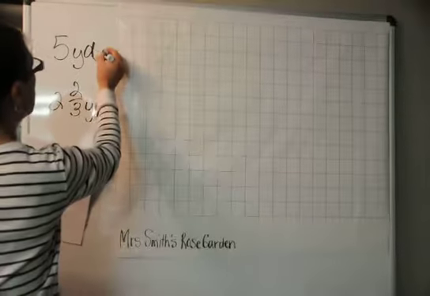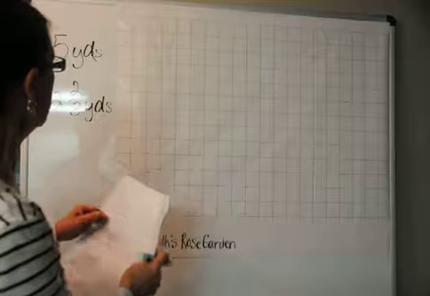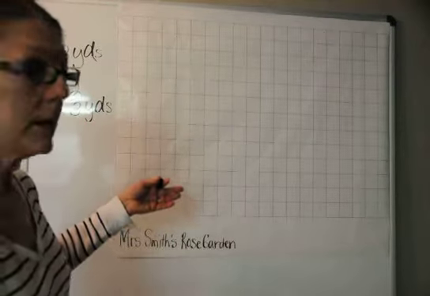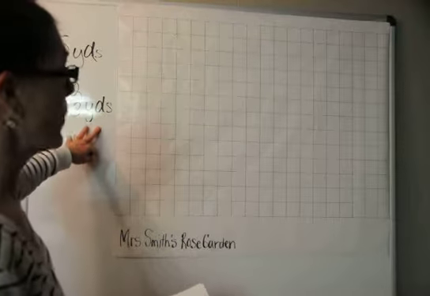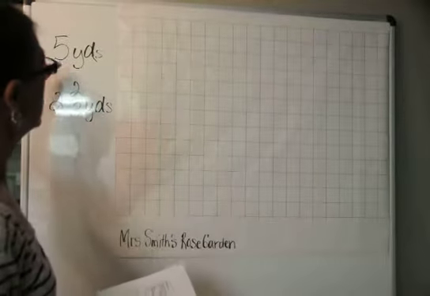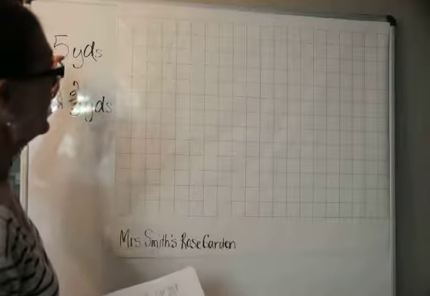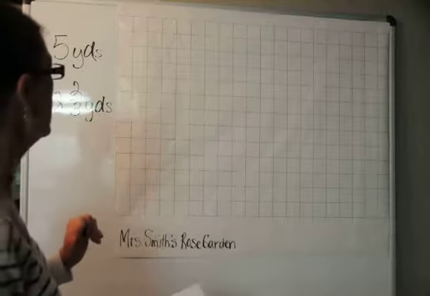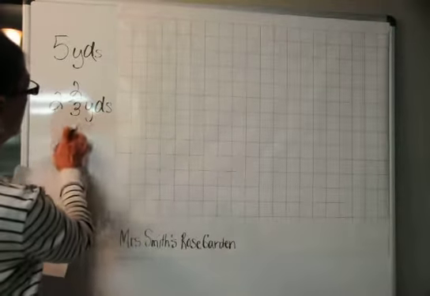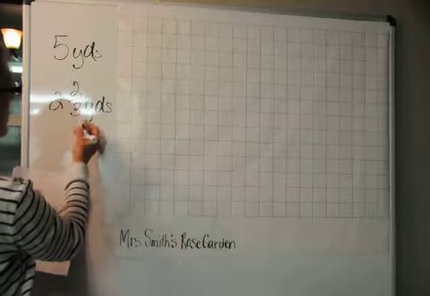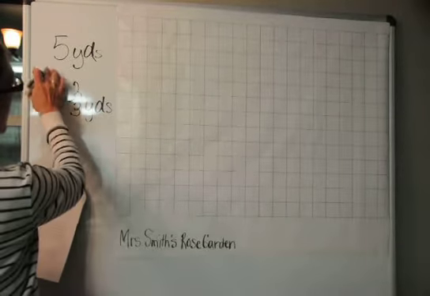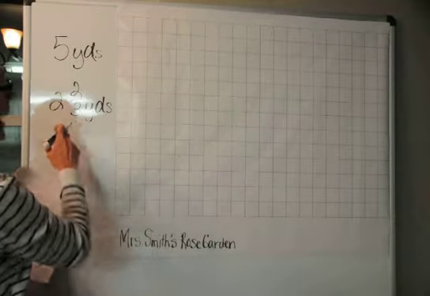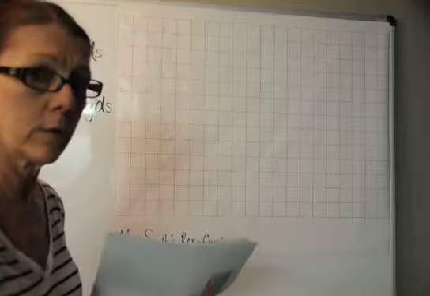If we look at this, we can see that we're dealing with thirds in our representation, and with our length being 5 yards and our width being 2 2/3 yards, if we convert our yards into thirds, both with our length and our width, that will allow us then to work with thirds.